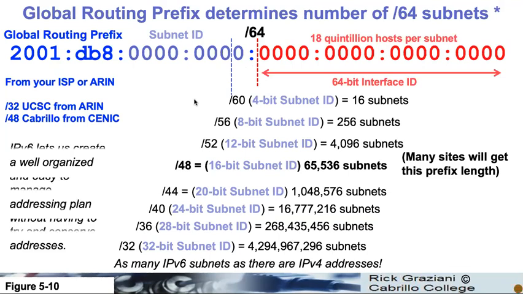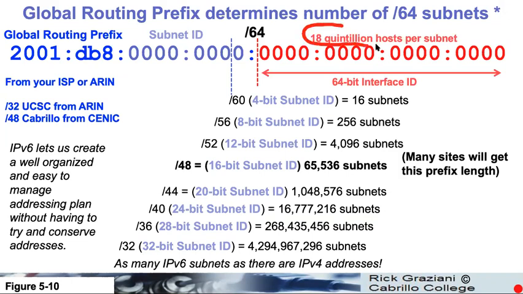But IPv6 lets us create a well-organized and easy to manage addressing plan without having to worry about borrowing from the host portion, and how many hosts I need in my largest subnet, and how many subnets I need. Let's get away from that, right?